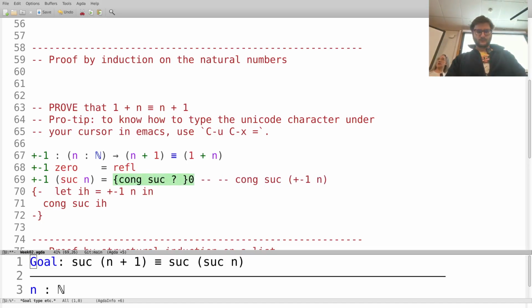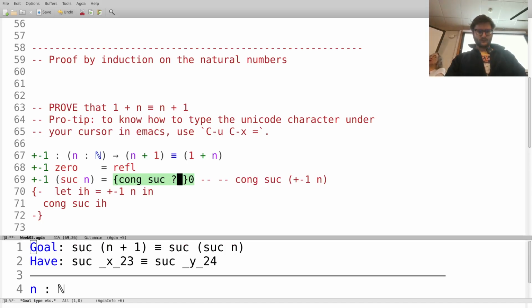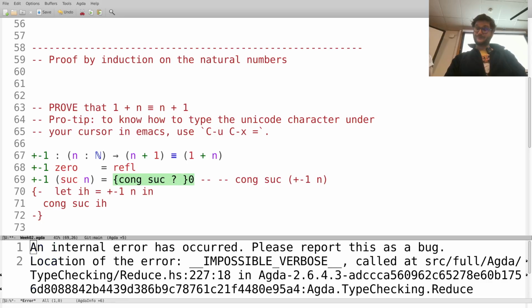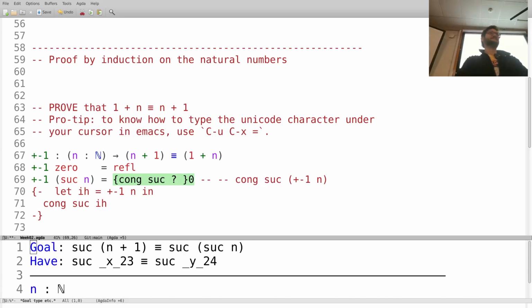Cong is always a good first move, because the only way two successors can be equal is if their predecessors are equal. That doesn't always go for functions that are not constructors, but for constructors, it's a no-brainer. So cong suc question mark is a good start.